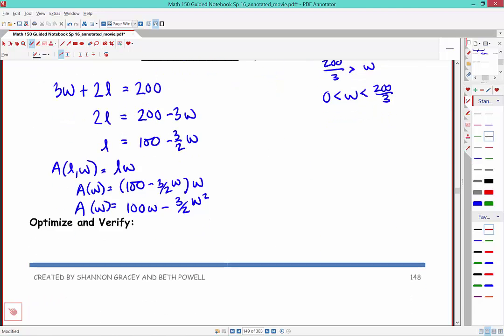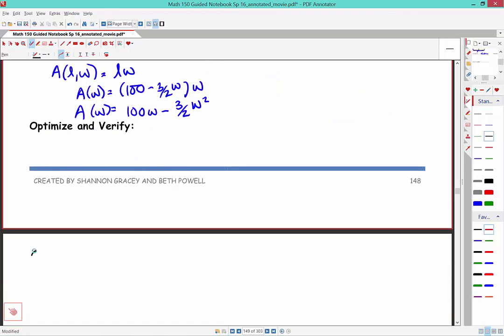Optimize and verify. So the optimize part, we're going to find critical number or numbers. And to do that, we use our area function.